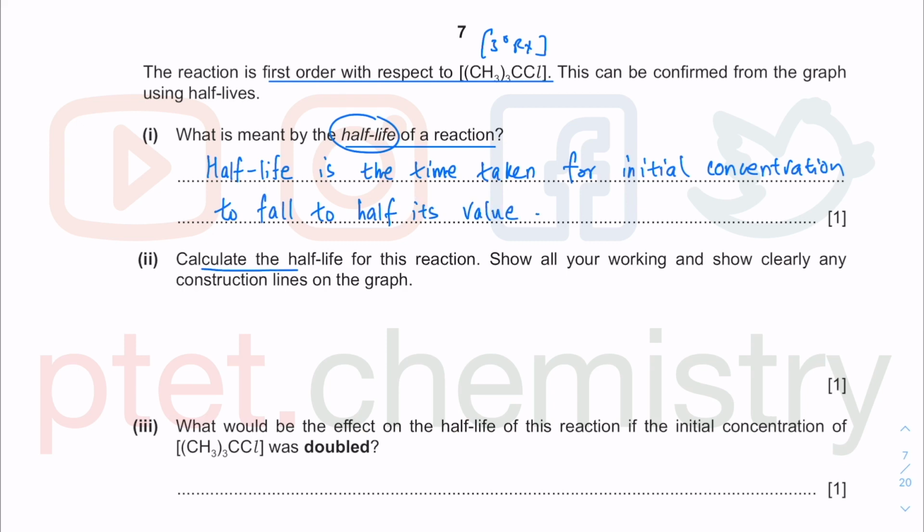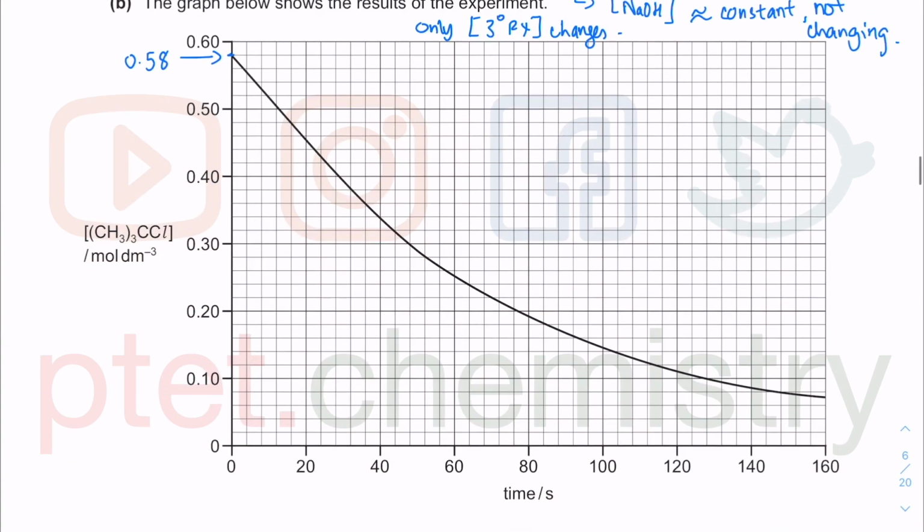Now calculate the half-life for this reaction, showing all your working. This is very typical of this type of question in paper 5 these days, but it could also come out in paper 4 as well. So they want construction lines, more than one. They want half-life, they don't want initial rate. So 0.58 divided by 2, I get 0.29.